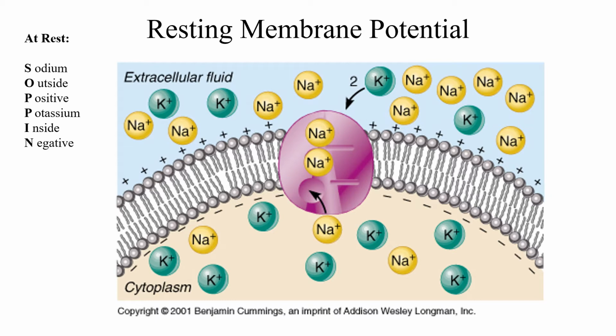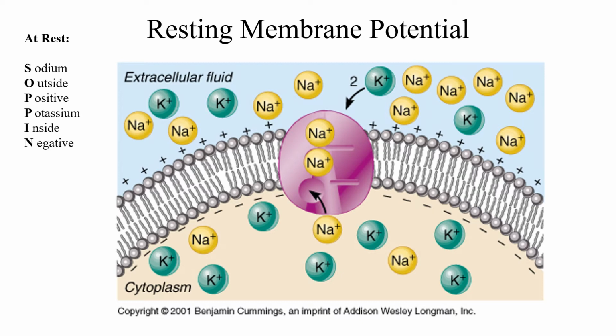Now, when we talk about a polarized neuron, we talk about one that has an unequal distribution of ions on either side of that plasma membrane. So we actually have more ions on the outside. That's why we have a positive charge here on the outer surface. We actually have fewer ions on the inside, and so that's why we have an overall negative charge here inside the cell.